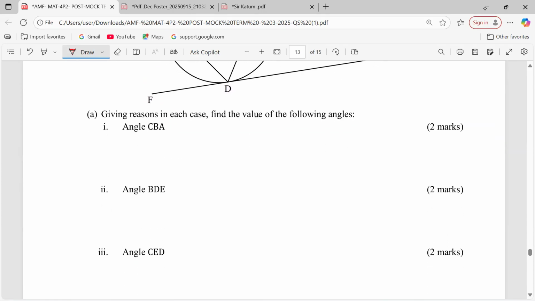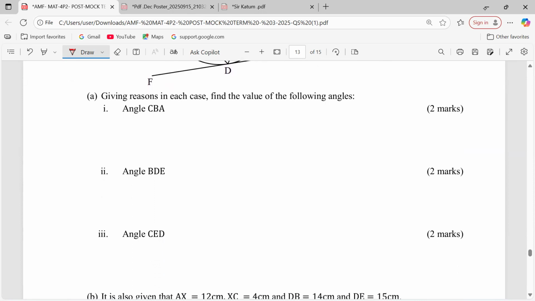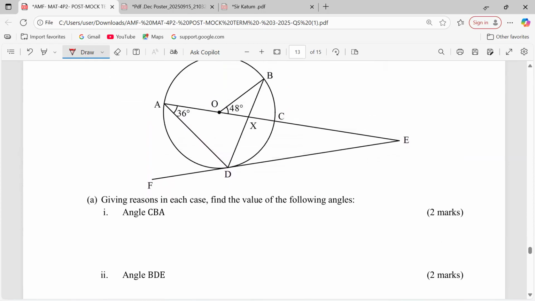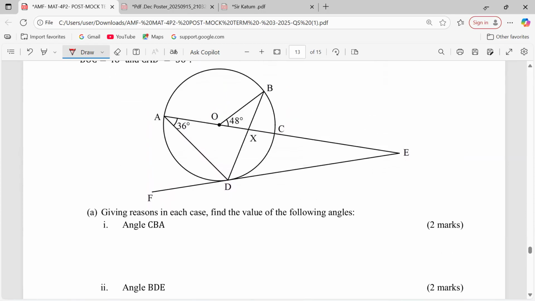Now look at this. Giving reasons in each case, find the value of the following angle: CBA, the angle CBA. Meaning that we are supposed to look at a lot here. We can connect, then we also connect here.